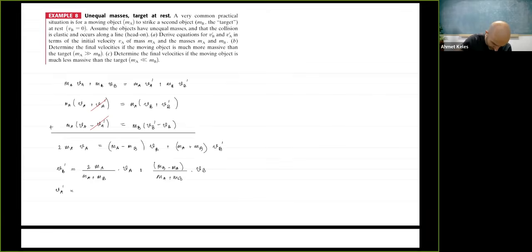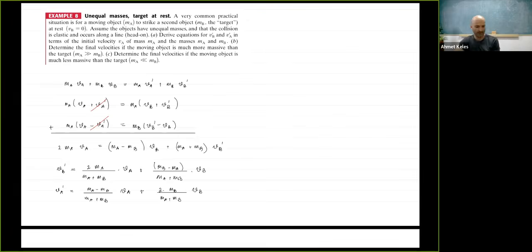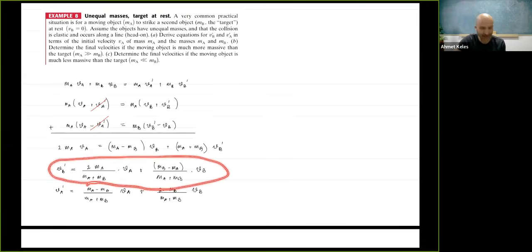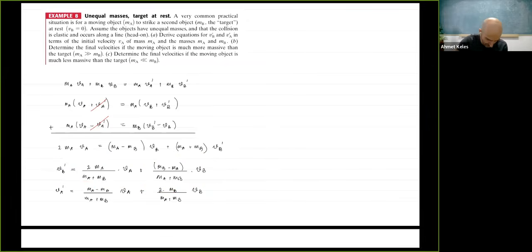So this would be 2 times MB divided by MA plus MB times VB, plus MA minus MB divided by MA plus MB times VA. So can you verify this? I wrote it by just looking at this equation, which is the reasonable thing to happen, but maybe I can do exactly the same thing.